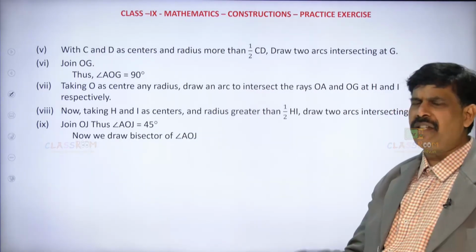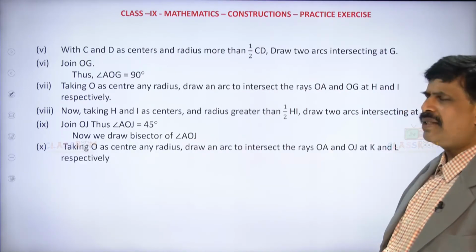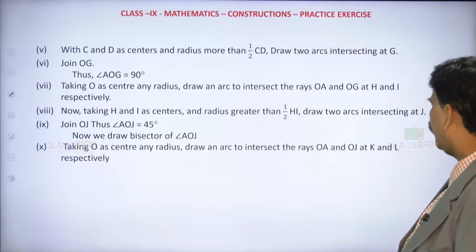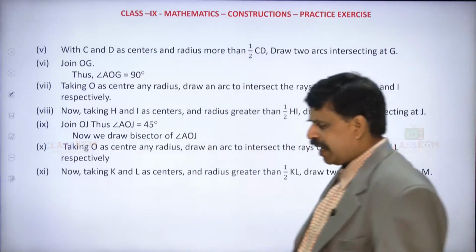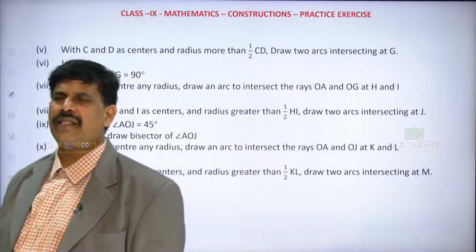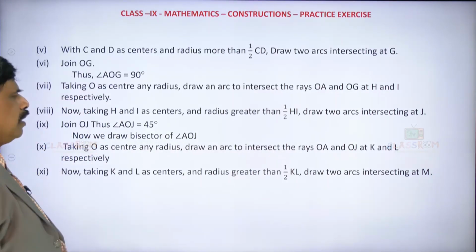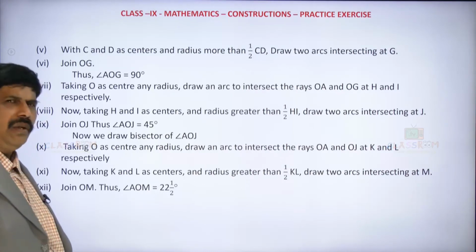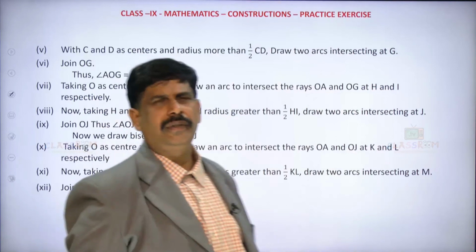Now draw the bisector of angle AOJ. Taking O as center and any radius, draw the arcs intersecting the rays OA and OJ at K and L. Now taking K and L as centers and radius greater than half KL, draw the arcs, they intersect at M. Now join OM, that's angle AOM 22.5.